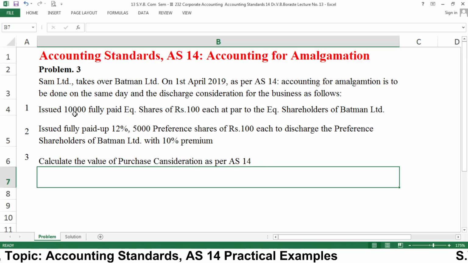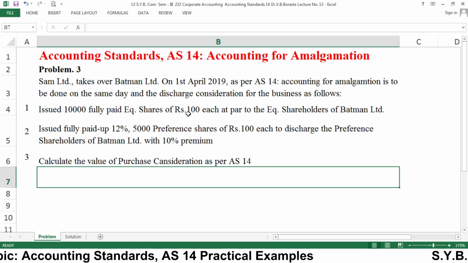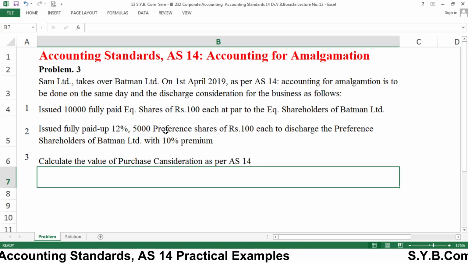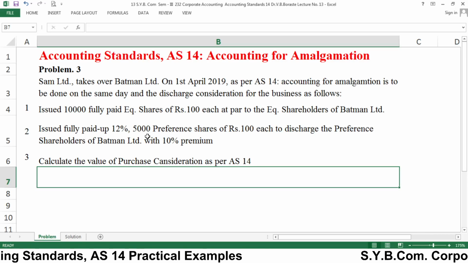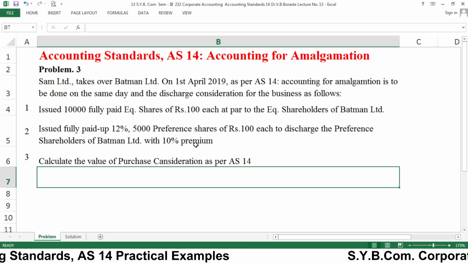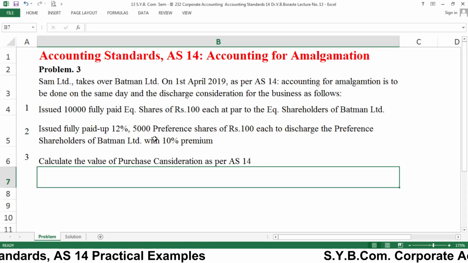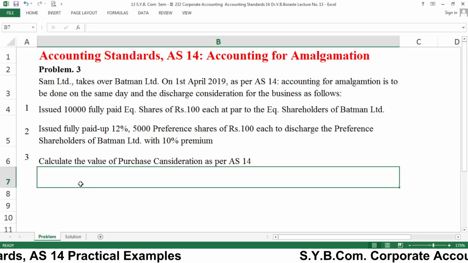So the calculations are very simple. 10,000 equity shares into 100, the answer will be 10 lakh, and the issued fully paid preference shares, that is 5,000 preference shares of rupees 100 each plus 10% premium, so that is 100 plus 10, that is 110. So 5,000 into 110, you can calculate the amount to be paid to the preference shareholders of Batman Limited by SAM Limited. So you have been asked to calculate the value of purchase consideration as per AS14.